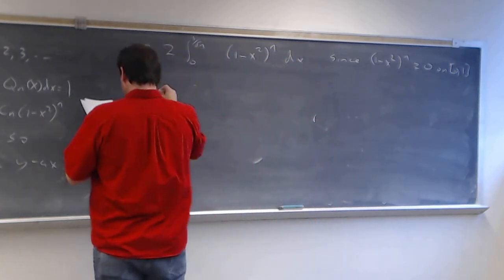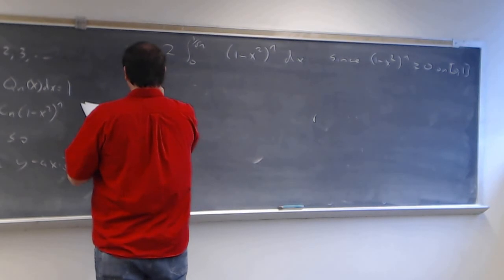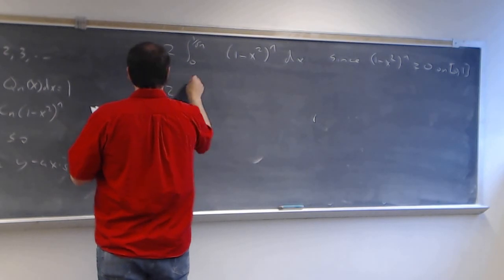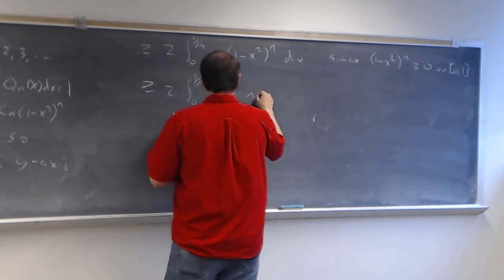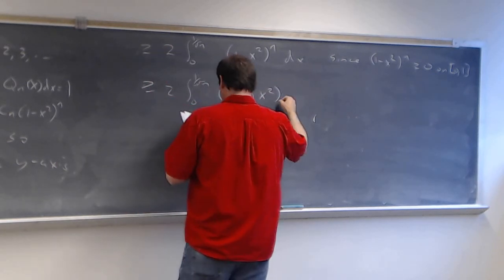Well, that's less than or equal to 2 times the integral from 0 to 1 over square root of n of 1 minus n times x squared dx.